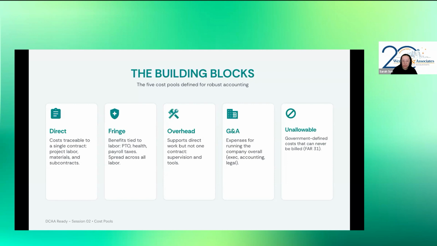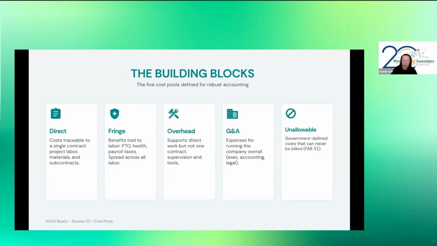These costs basically support the overall operation rather than performing the contract work. There's one question that we get all the time. What is the difference between overhead and G&A? So the easiest way to remember it is that overhead supports performing the work, while G&A supports running the business.